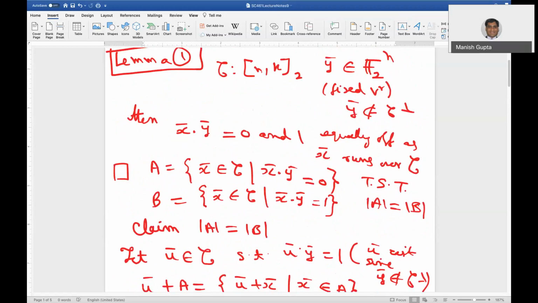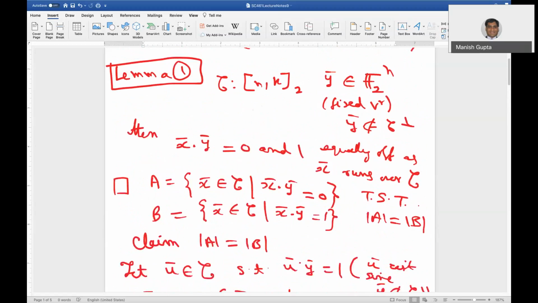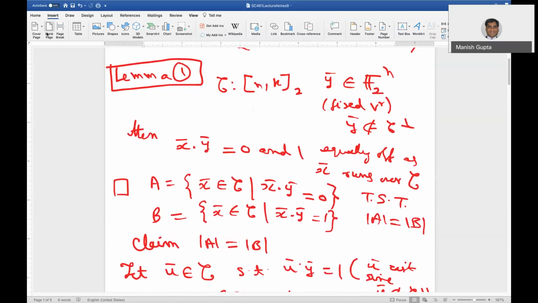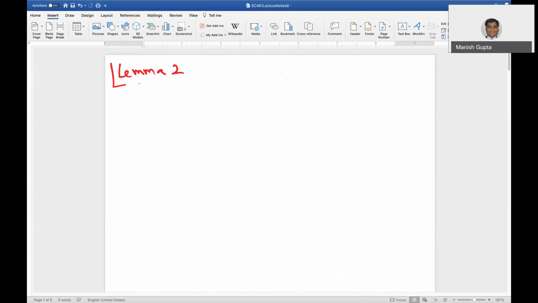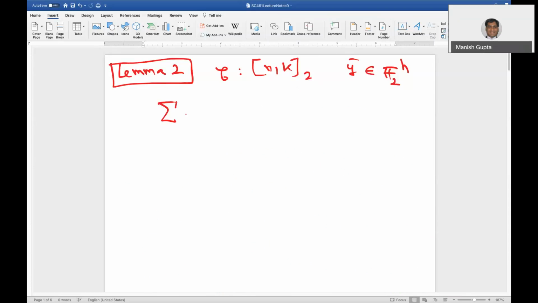Next lemma is lemma 2, which says: consider the summation over x belongs to C of minus 1 raised to power x dot y, the inner product x dot y.